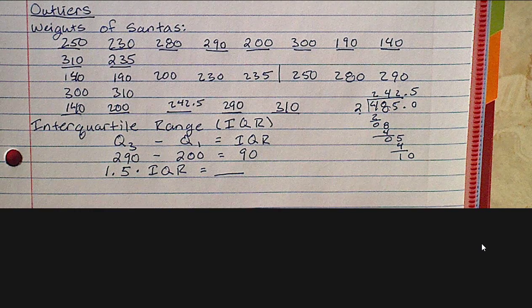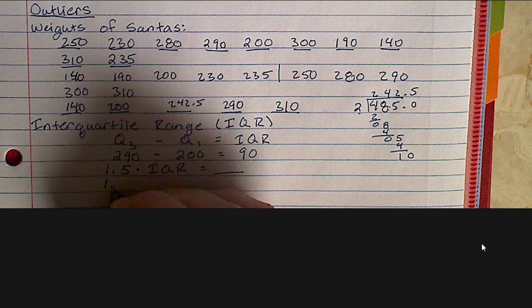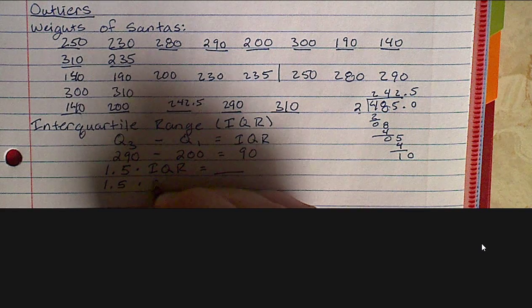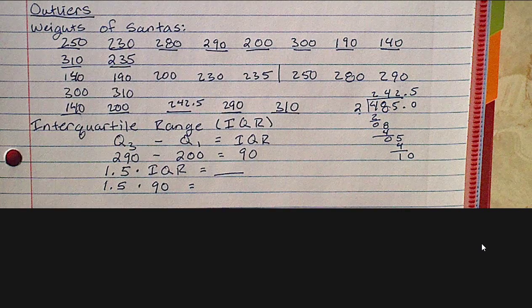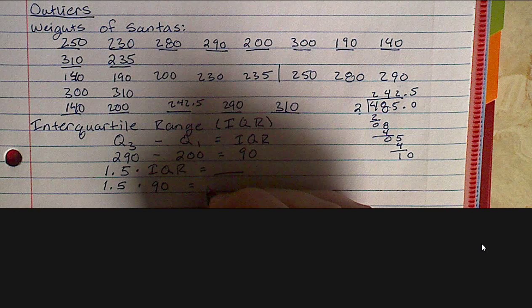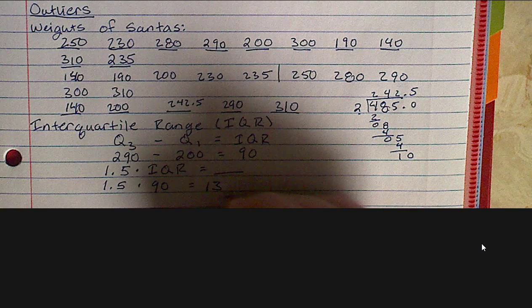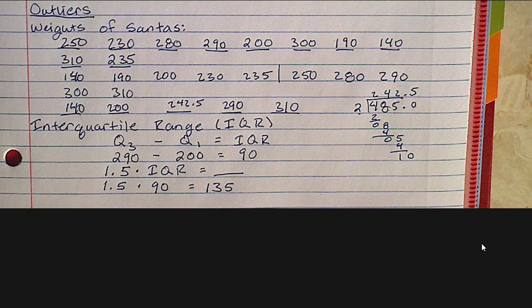So 1.5 times 90 is, in this case, 135. Now, I did that in my head. You can use a robot buddy. That's fine.